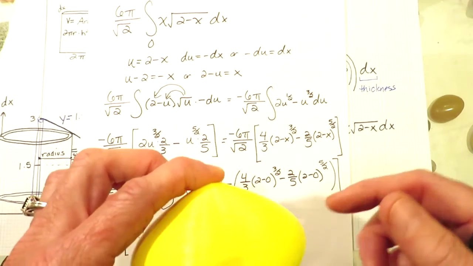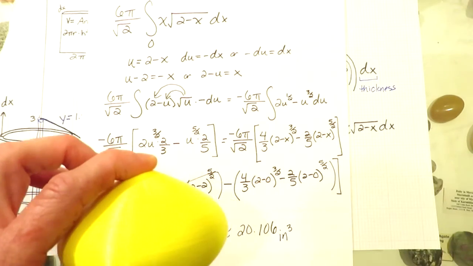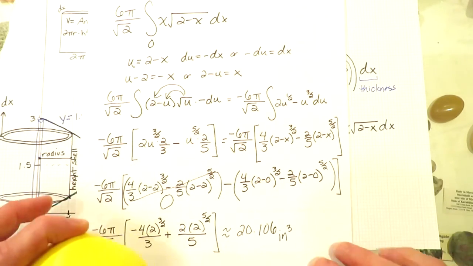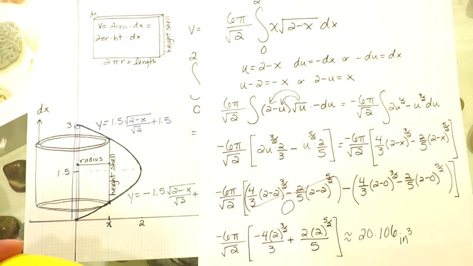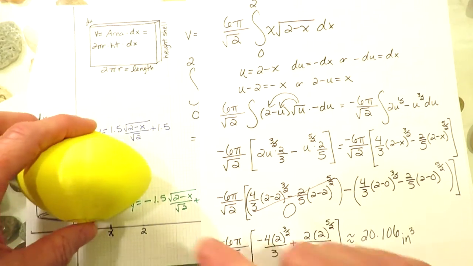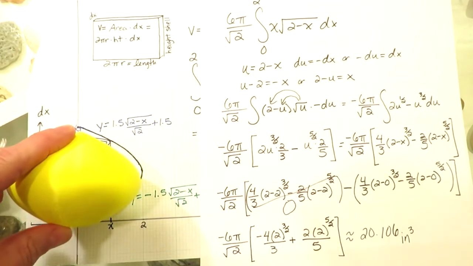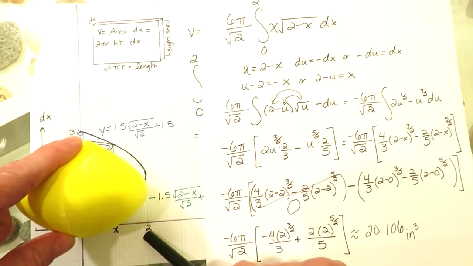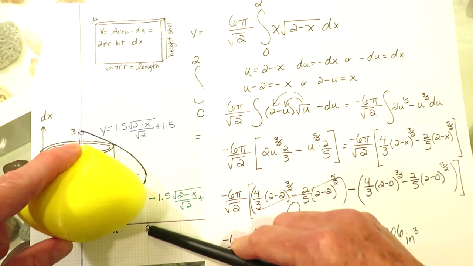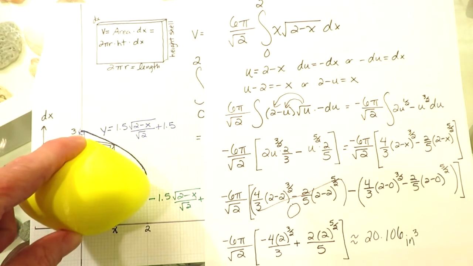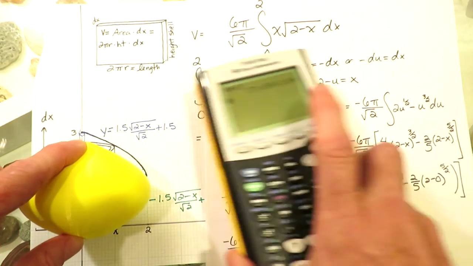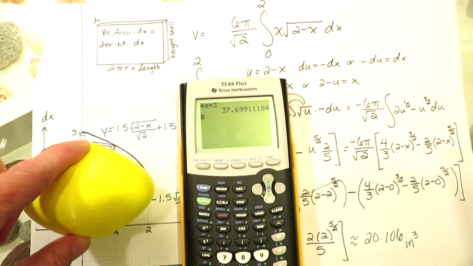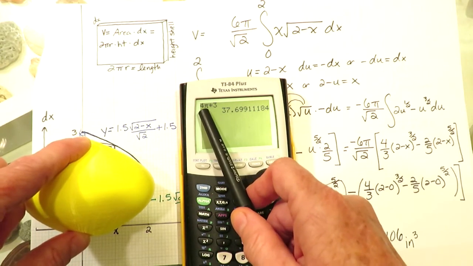It may seem like this shape is kind of small to actually fit 20.106 cubic inches in it, but if you picture a can that had a radius of 2 and a height of 3, the volume of that can would be the area of the circle, so pi r squared.